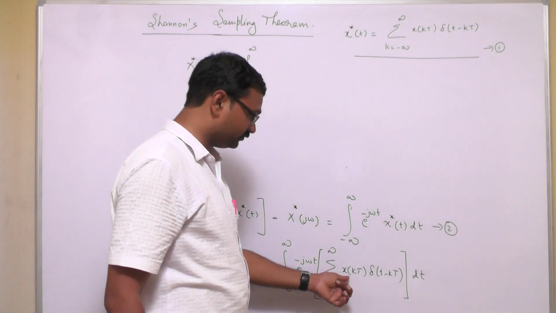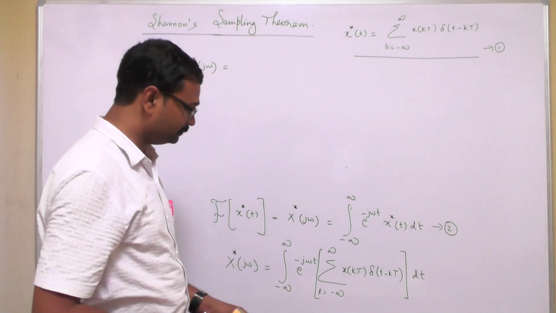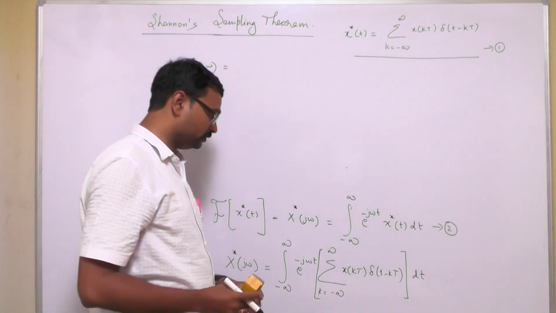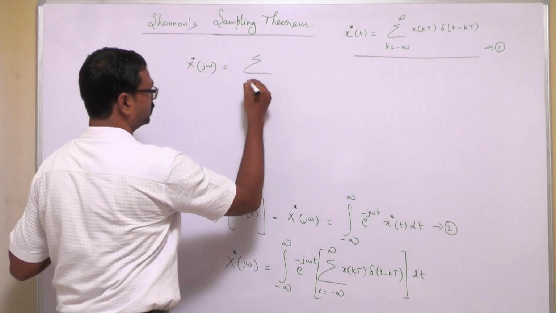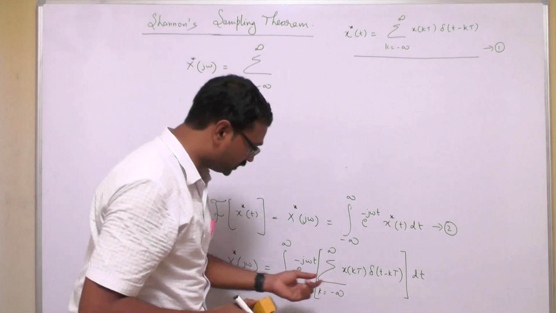You can say that x of kt is always of this form, so the integral can be moved inside, and you can say sigma k from minus infinity to infinity x of kt.